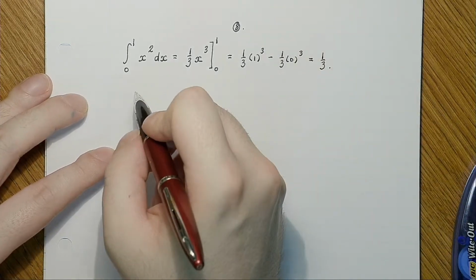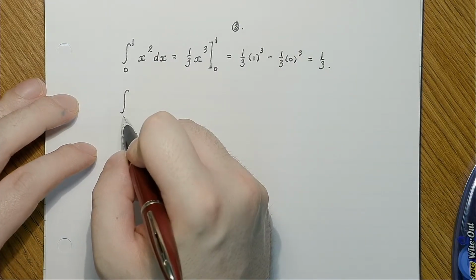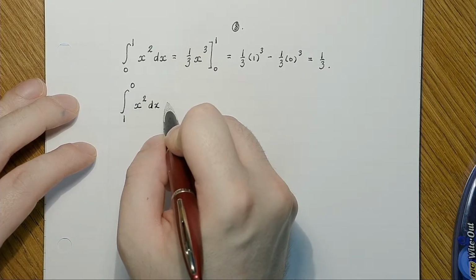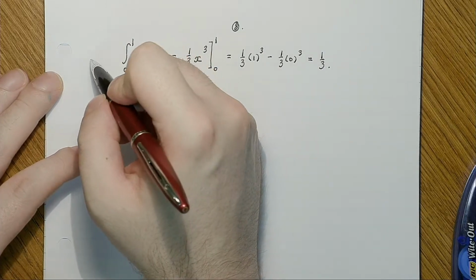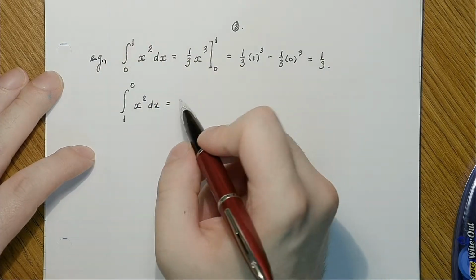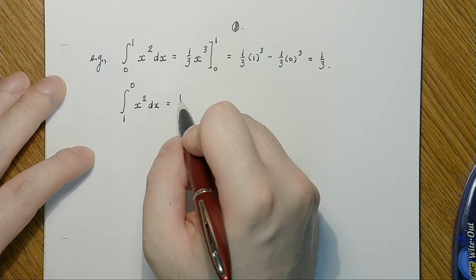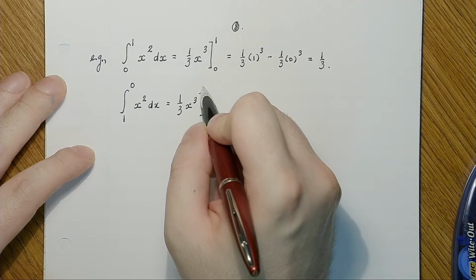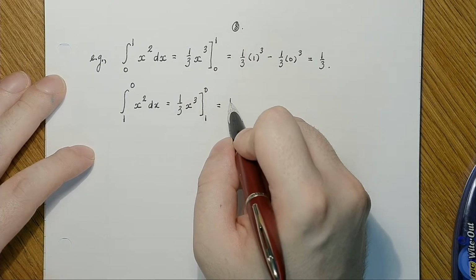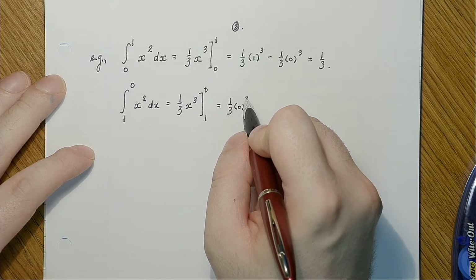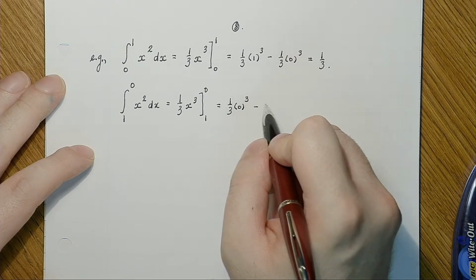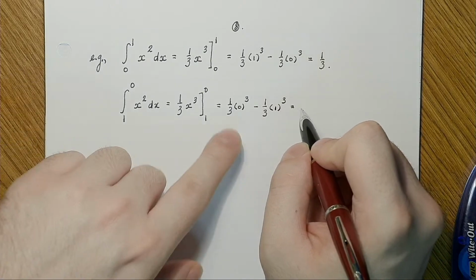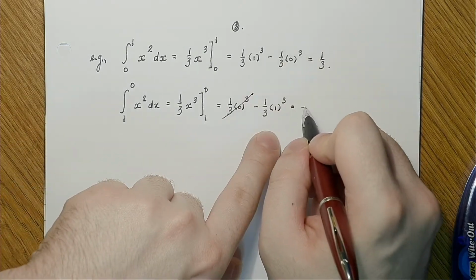Okay. And if we change the order now, we go from 1 to 0, x squared dx. From 1 to 0, and now I have 1/3 times 0 cubed minus 1/3 times 1 cubed. This is 0, and I'm left with minus 1/3.